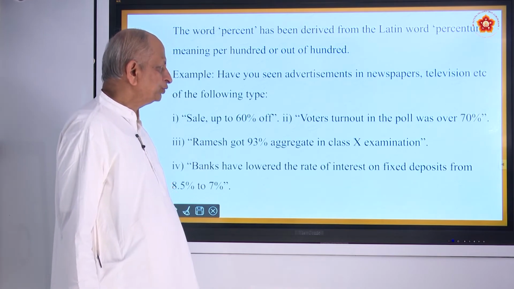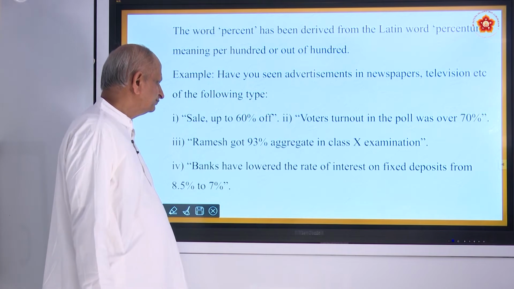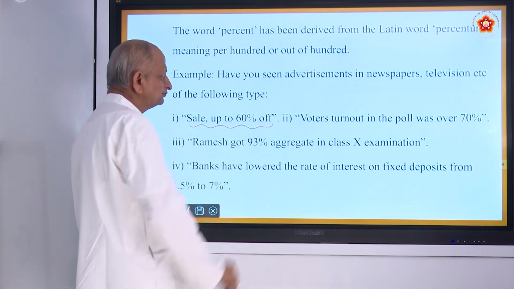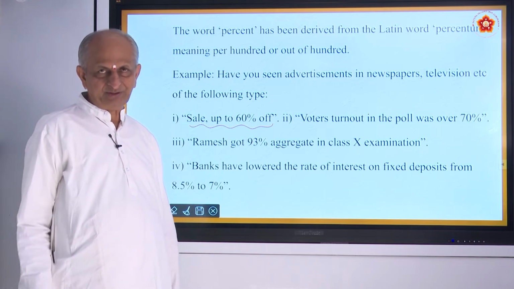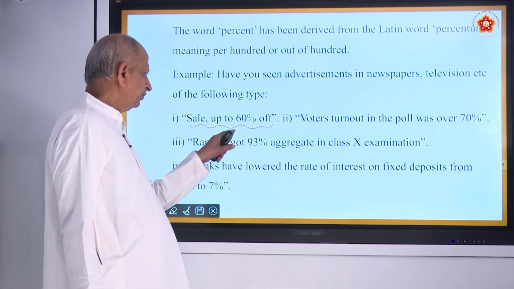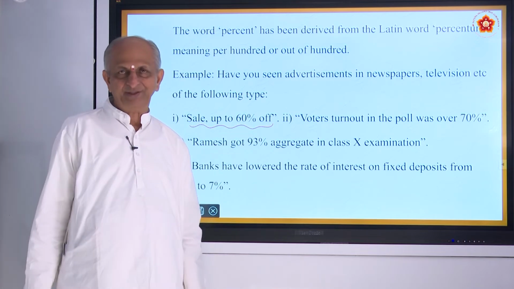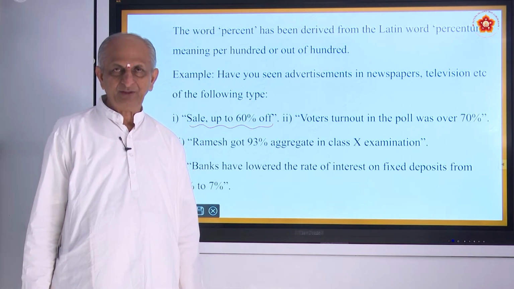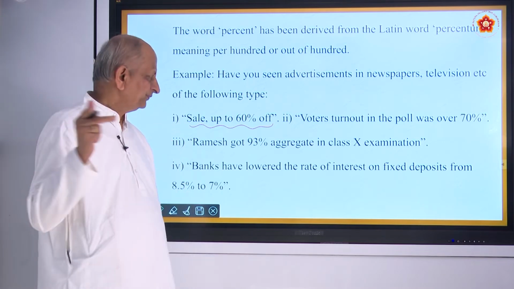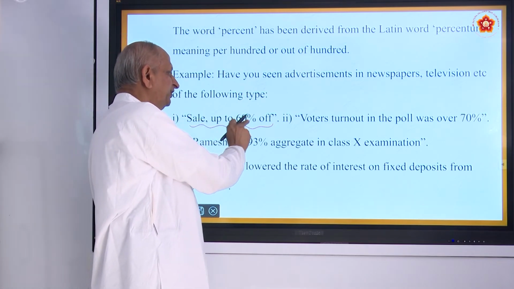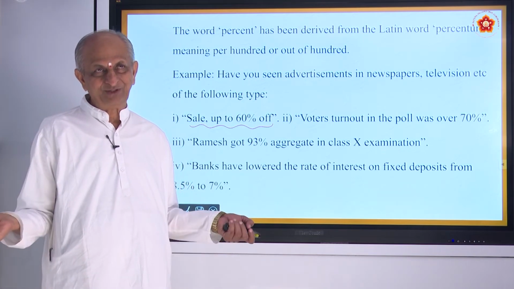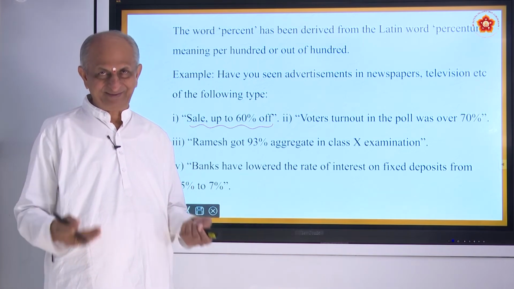And you might have seen in newspapers, television, etc. Sale up to 60% off. So, in your daily life, where do you use it? There is where this word percent is used. So, especially in Deepavali time, Dasara time and Christmas time, for some articles they write, up to 60% off. And naturally the people will be attracted.